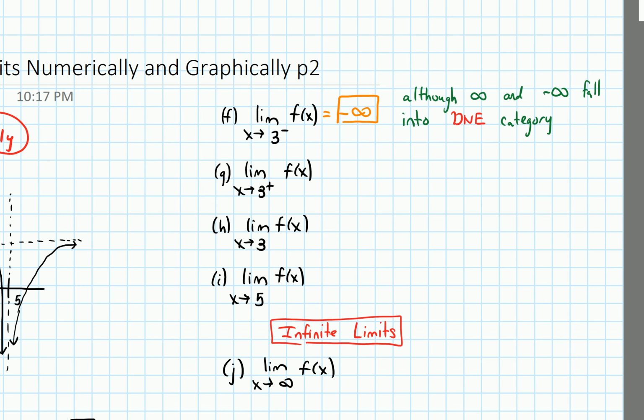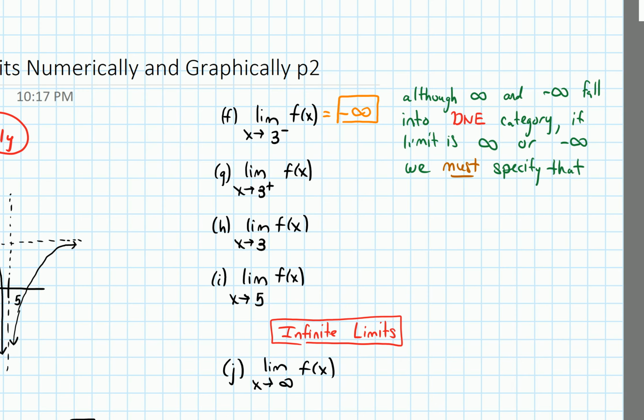Although that's the case, if a limit is infinity or if it's negative infinity, we must specify that.